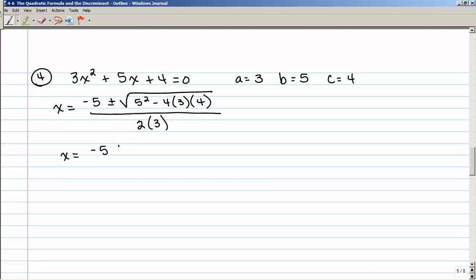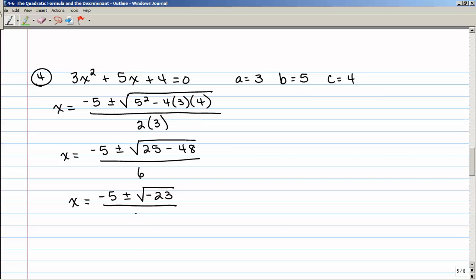X equals negative 5 plus or minus the square root of 25 minus, let's see, what does that come out to? 48, all over 6. Or x equals negative 5 plus or minus the square root of negative 23 all over 6. So here we have a square root of a negative number again.